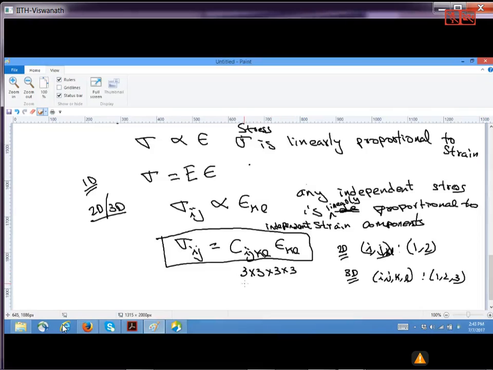So a total of 81 constants are required. This is the full form of the stress strain relationship, even though we have assumed it is linear elastic in nature.